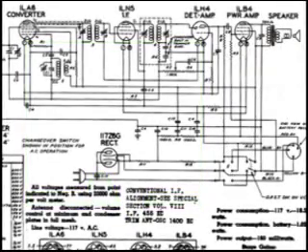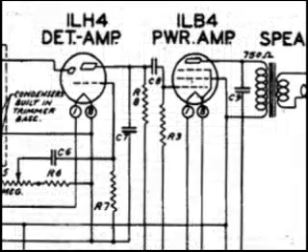A good way to start learning about how to bias tubes and transistors in your own circuits is to take a look at a lot of already existing circuits that have been engineered and tested. Now here's a wiring diagram, and if we take a look at the output tube, the 1LB4, we can see that the grid voltage is 0.0 volts, and the control grid voltage for the 1LH4 is 0.1 volt.